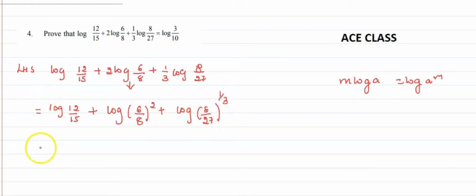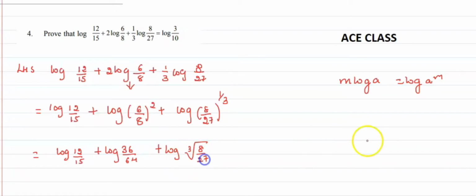Now log of 12 by 15 plus log of 36 by 64 (3 square is 9 and 8 square is 64, so 6 squared is 36) plus log of 8 by 27 to the power of 1 by 3. Any number to the power of 1 by 3 is nothing but the cube root of that number, so I can write this as the cube root of 8 over 27.